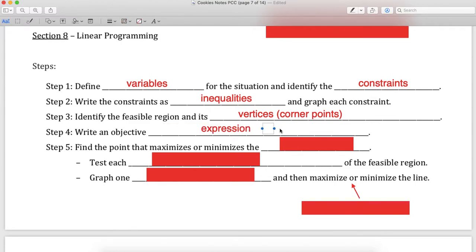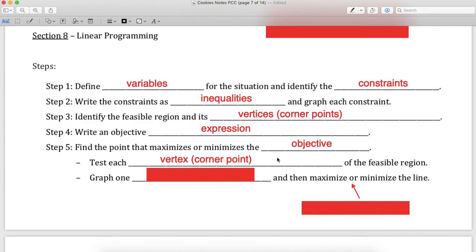And at this point, you can then find the point that either maximizes or minimizes the objective, and there's a couple of different ways to do that. One option is to just test out each of the vertices, each corner point of the feasible region, and you would just substitute that point into your objective expression and work it out.